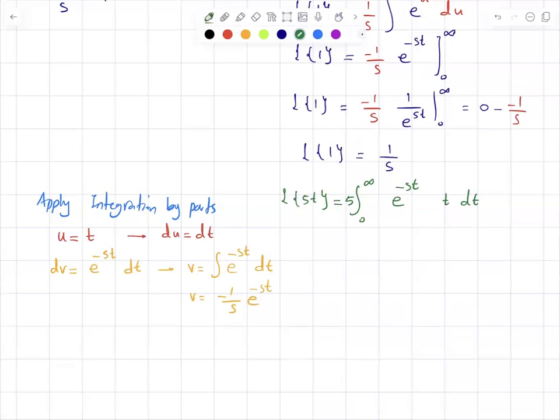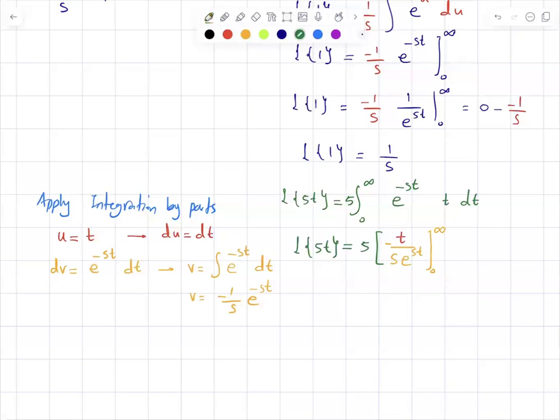So the Laplace of 5t is equal to 5 times, let us open the bracket, uv, which is t times negative 1 over s e to the power st. I'm going to write it in the denominator because when I apply 0 to infinity for t, it is in the denominator and it makes the calculation much easier.